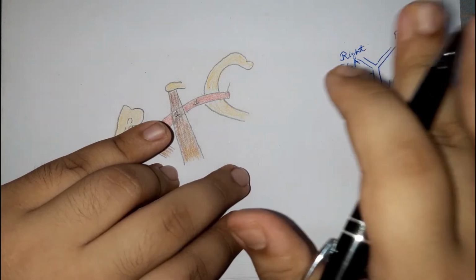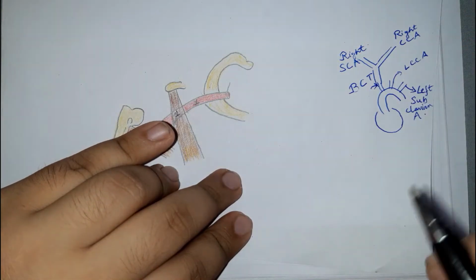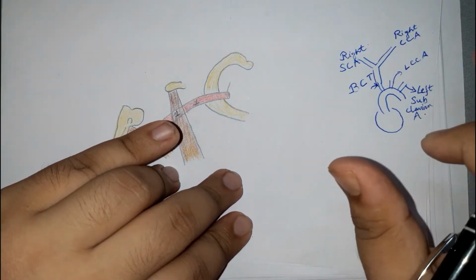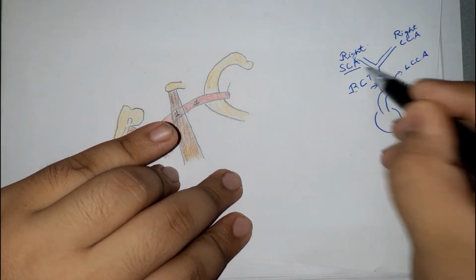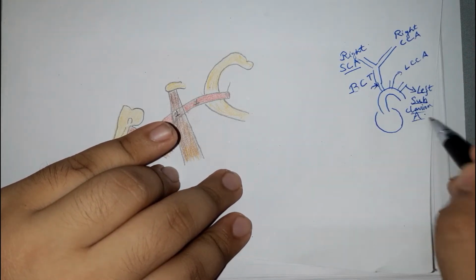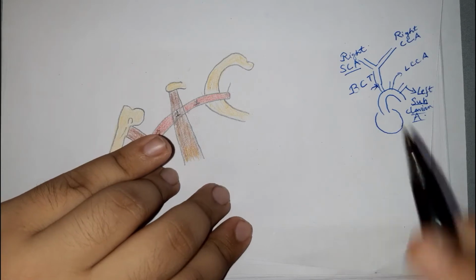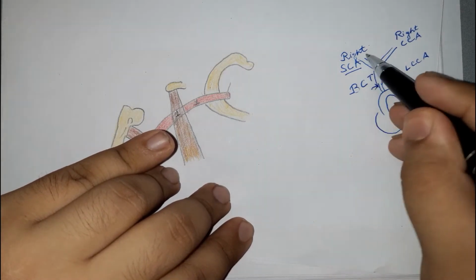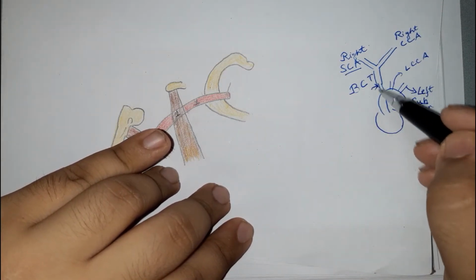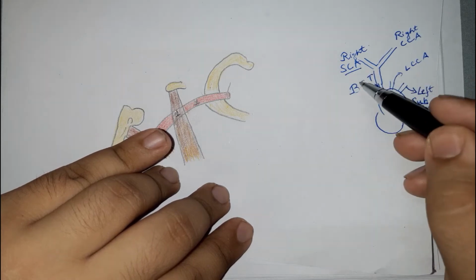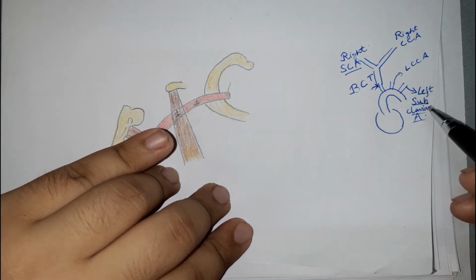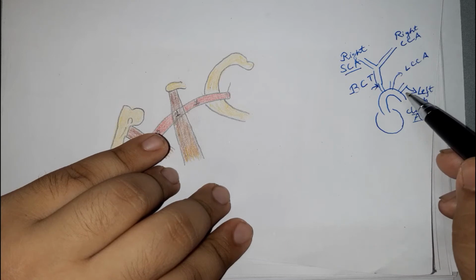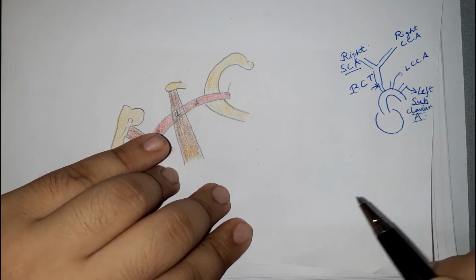Anyways, if it is getting complicated, do not worry. All we are really interested in is the subclavian artery. So there is a right subclavian artery which has the brachiocephalic trunk as its origin, and there is a left subclavian artery which arises directly from the arch of aorta.